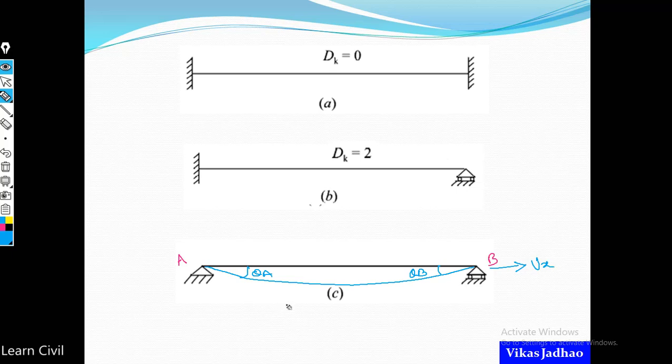So the total unknown displacements will be theta A, theta B and ux. So the degree of kinematic indeterminacy for this particular case will be 3. Like this the degree of kinematic indeterminacy is calculated.